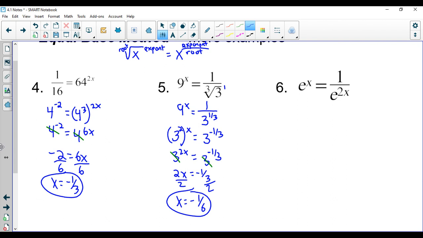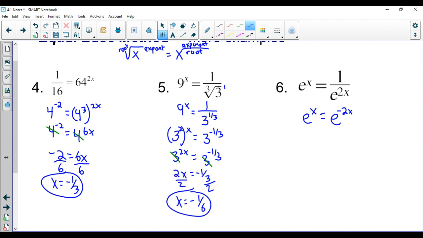And so for number 6, we just have a base of e. And we haven't talked a whole lot about what e really means other than that number in PERT. But just know it's a base. So the bases are almost the same. It's just that this e is on the bottom. So move the piece of e to the top. I'm going to make the exponent negative.